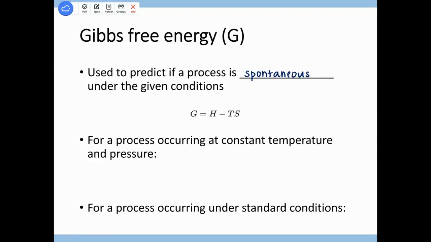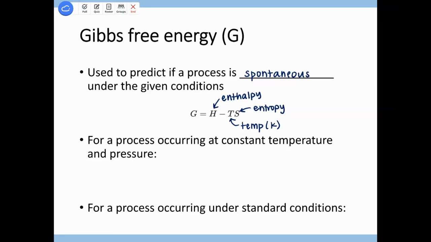So notice that T, temperature, is part of the calculation. A change in temperature can determine if certain reactions are spontaneous or not. H is enthalpy, and S is entropy.